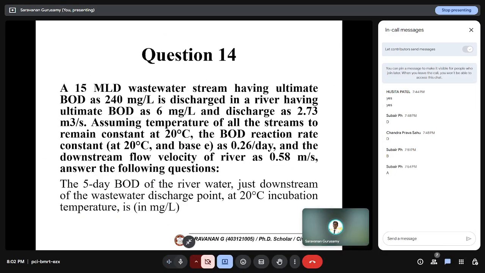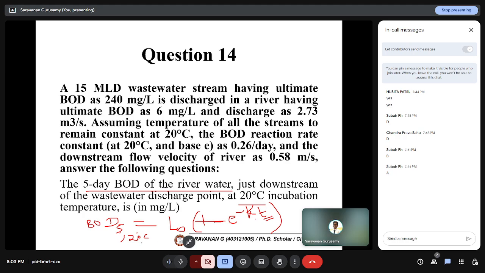Then the second question: 5-day BOD of the river water at 20 degree. So how to find 5-day BOD exerted at 20 degree? BOD 5 comma 20 equals L naught, ultimate BOD, into 1 minus e power minus k into t. T is time, 5 day, so t is 5. Here also 5.